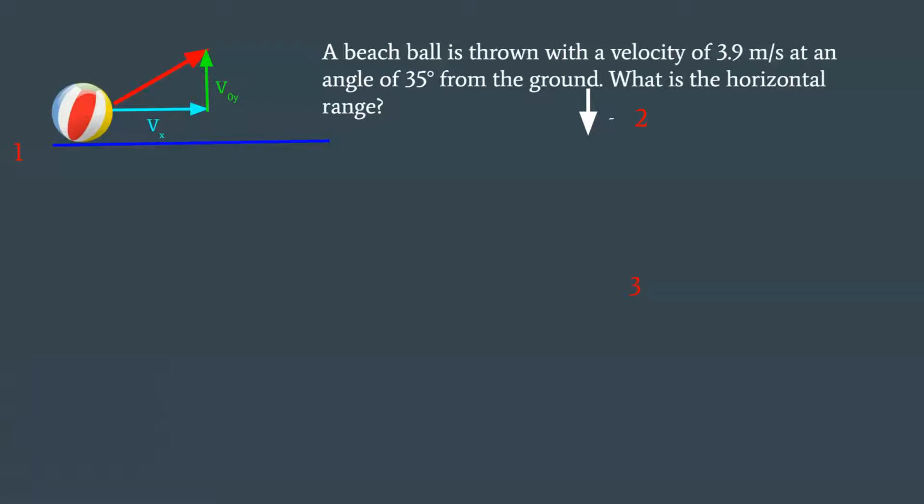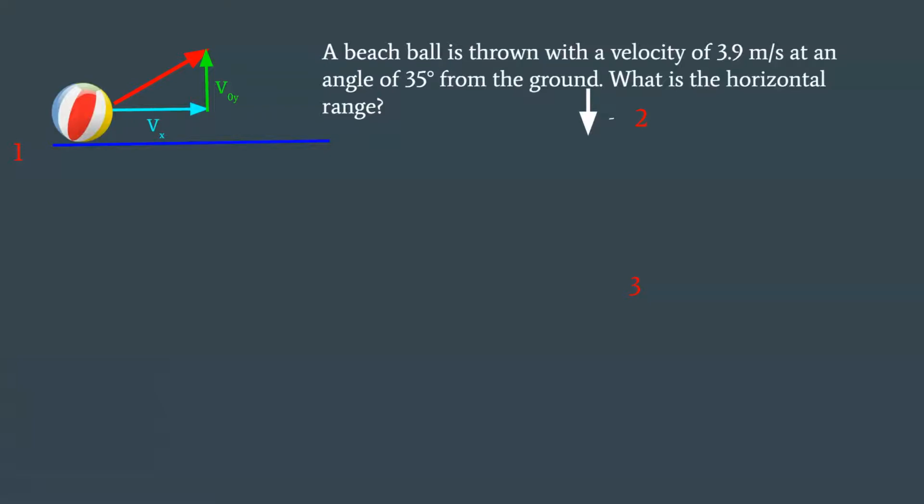So I'm going to plug in, do some math, and I end up with 3.9 cosine of 35. I'll do the math in a second. For y, I'm going to use sine of theta is opposite over hypotenuse. You guys are going to get really good at this if you don't already feel like you are. 3.9 sine of 35.